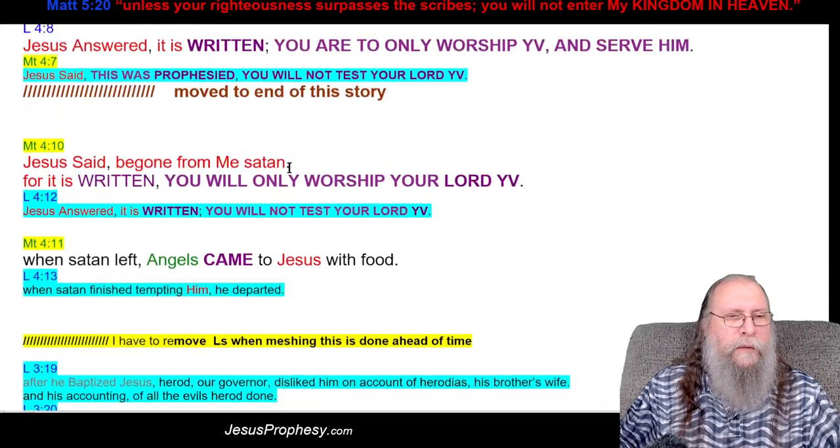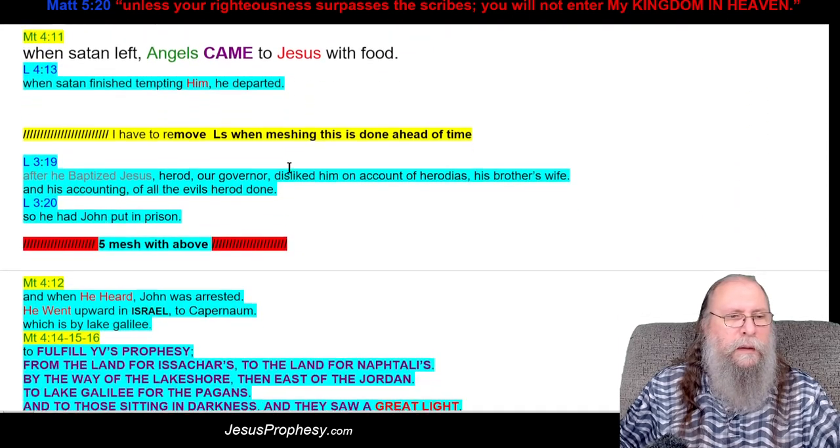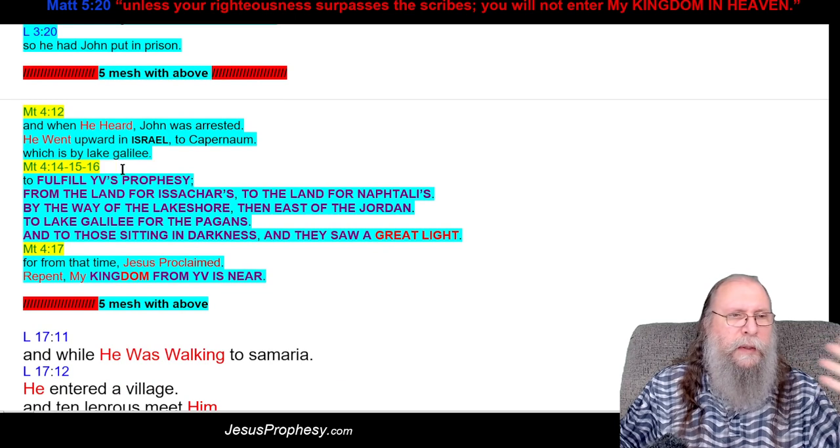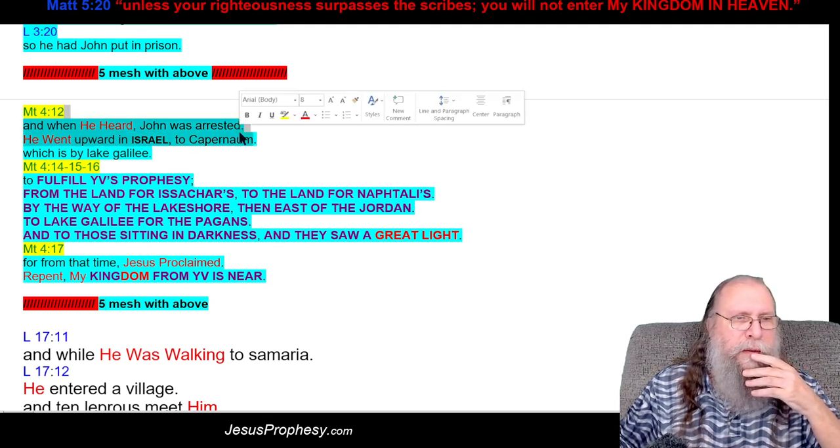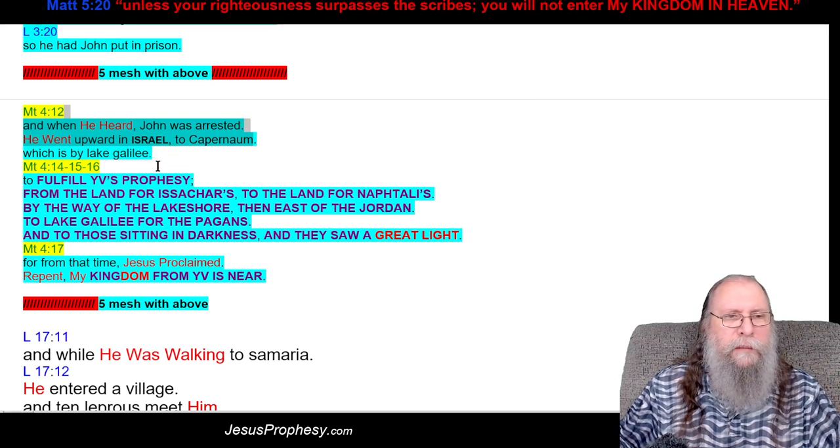I guess I didn't go over this text here. I'm just saying that this group is completely out. This group 5 is from here to here. When I tried to mesh it, it didn't fit with the above text, because it's talking about John being arrested, and this group does not need to be there.